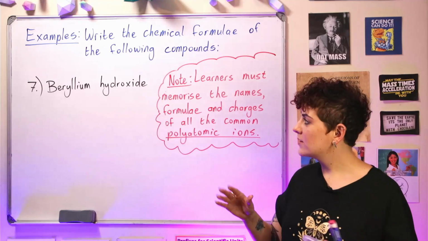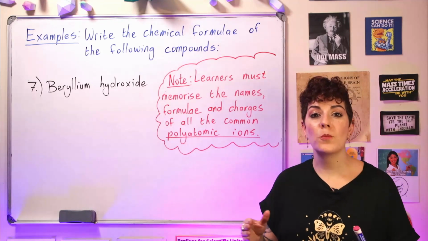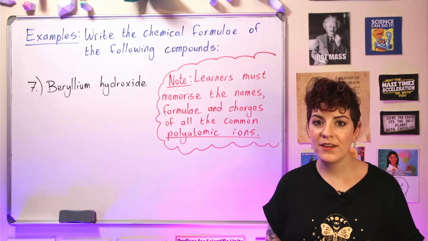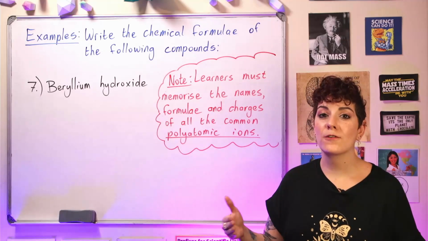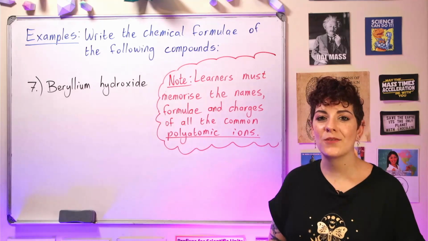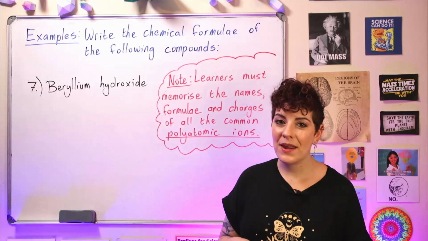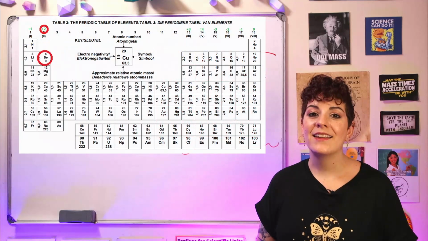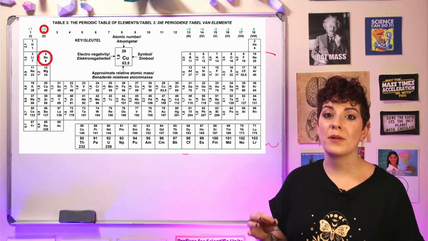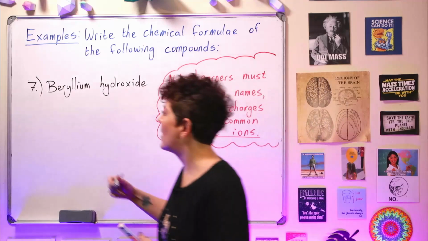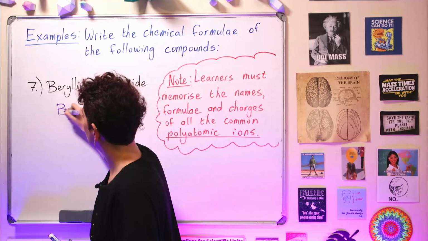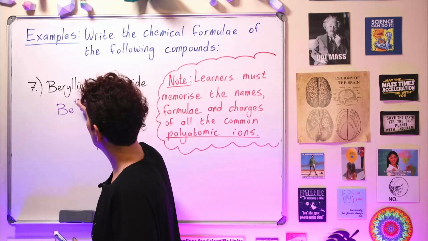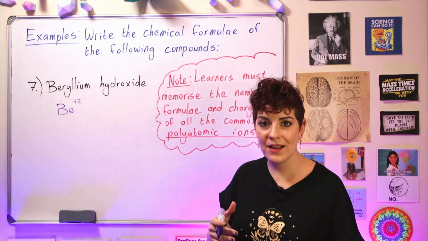Now, we start as usual by writing the formulae of the ions next to each other, starting with the positive ion first if there is a positive ion. Now, beryllium is a metal in group 2 and it has a positive charge of +2. So the beryllium ion is Be +2, or if you prefer 2+.